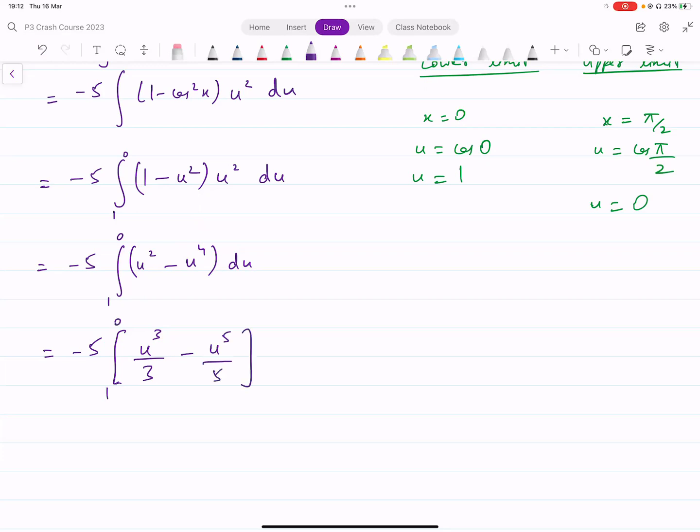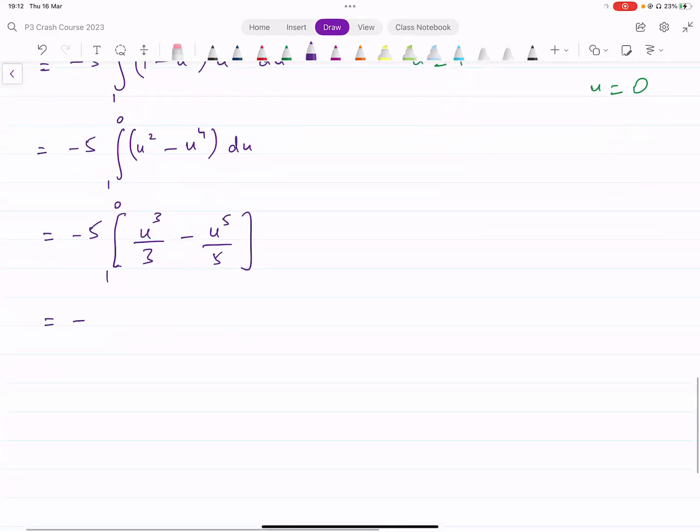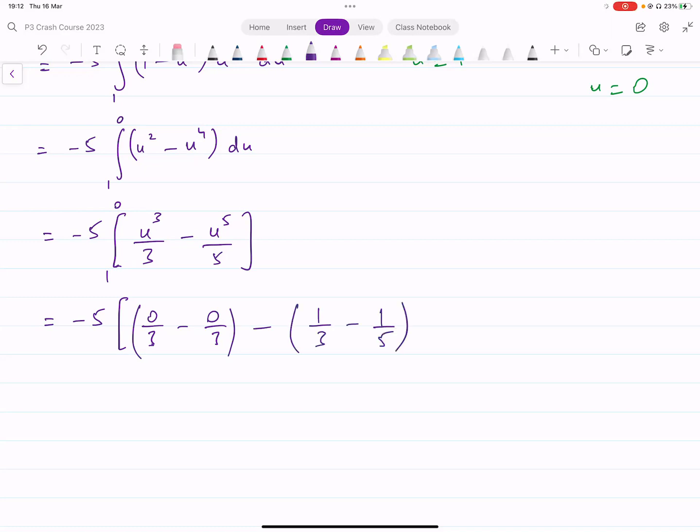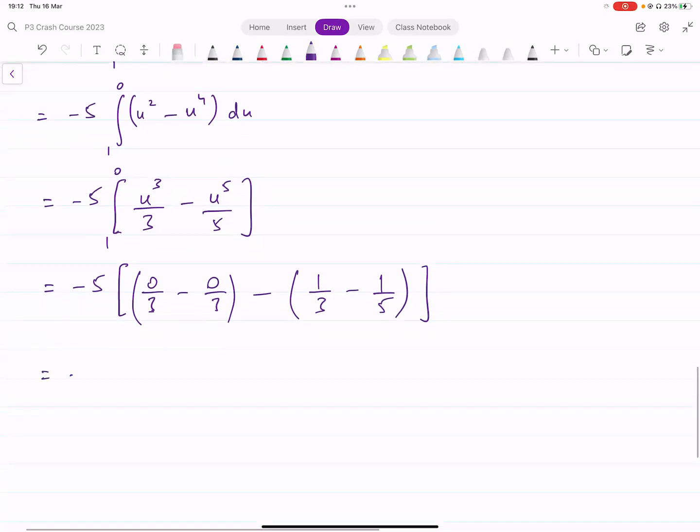Now just input the limits from 1 to 0. And that gives you minus 5 into input 0 first of all. That gives you 0 over 3 minus 0 over 3. So that just becomes 0. Subtract from this the case when you input 1. And that is going to give you 1 over 3 minus 1 over 5. Simplify this and see what you get. You have minus 5 into minus 1 over 3 plus 1 over 5.